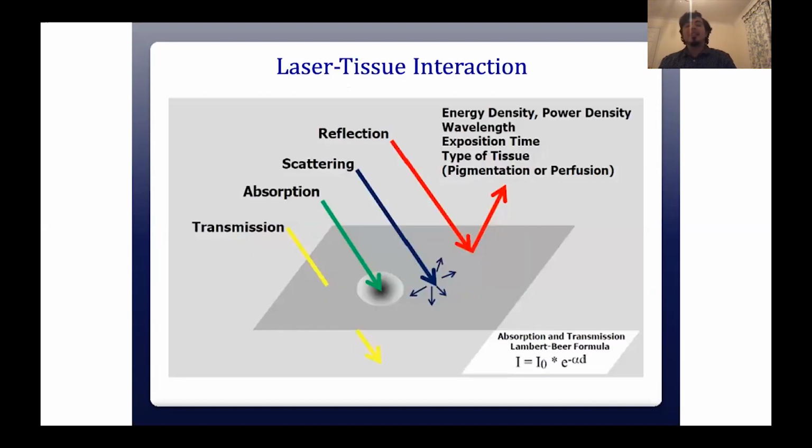So when a particular wavelength of laser hits a tissue surface, there are four things potentially that could happen. We can get full transmission through that particular surface. We can get full absorption through that particular surface. We can get full scattering, or we can get full reflection.